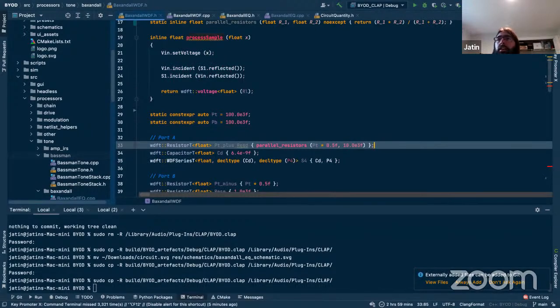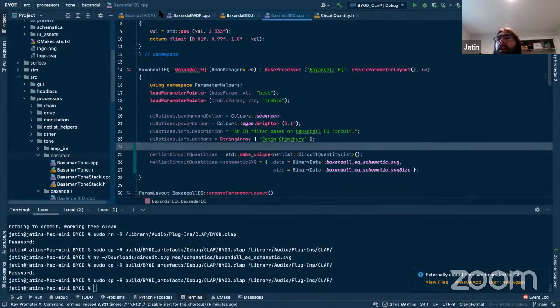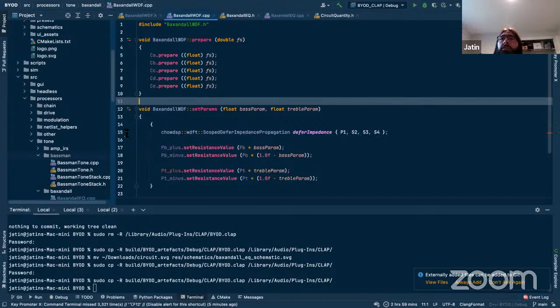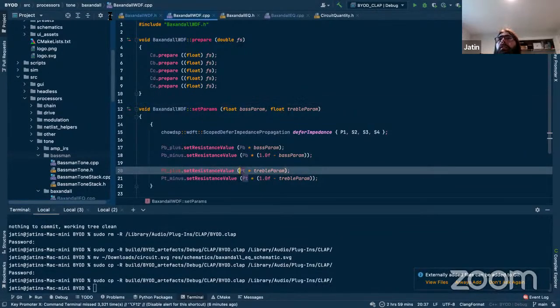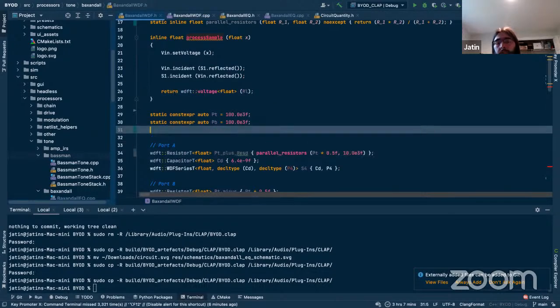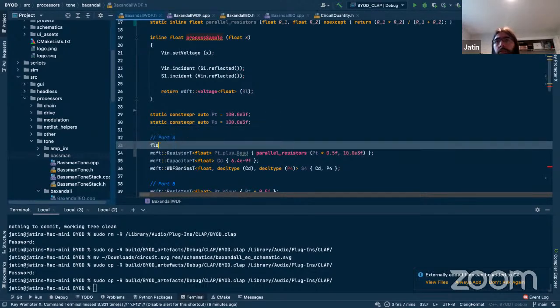The problem is, well, there's actually a few problems, but the biggest problem is that when we set the value, because PT plus is connected to this parameter, we need some extra logic happening here to make that work correctly. So what I'm going to do is float ResD equals 10K.